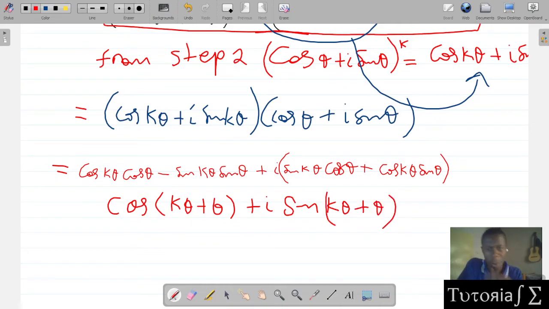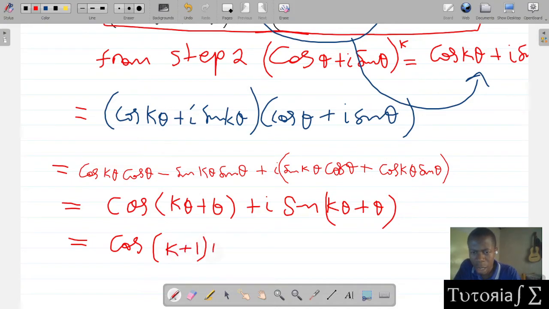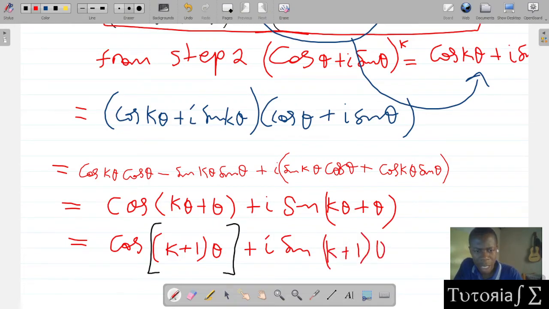So we know that this is this, and when we factor out the theta, we're going to have cos (k plus 1) theta plus i sine (k plus 1) theta.